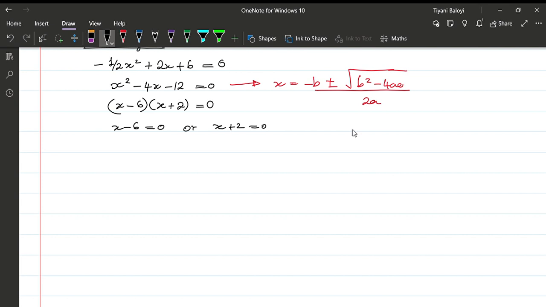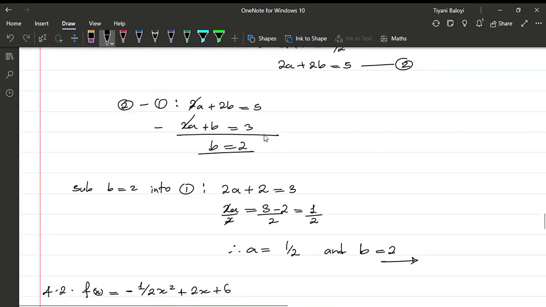And then your x-intercepts, you can write their coordinates as what? x is equal to 6, or x is equal to minus 2. So you can write your coordinates as minus 2 and 0, and then 6 and 0. So these are the x-intercepts.